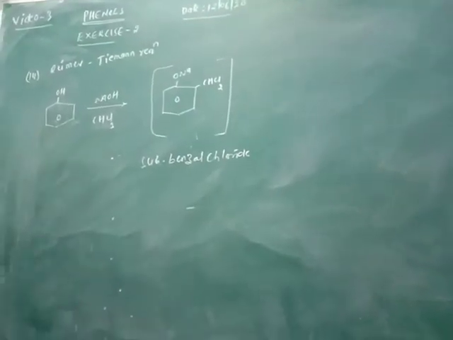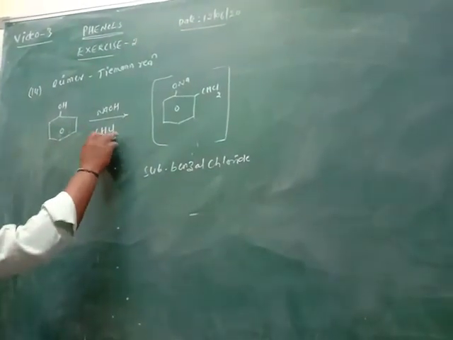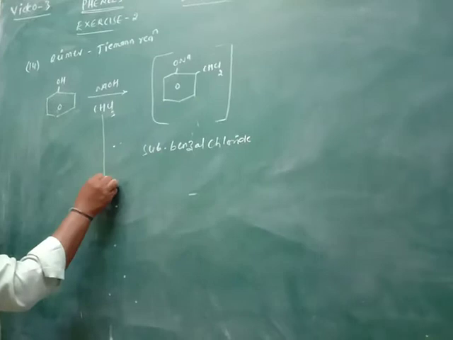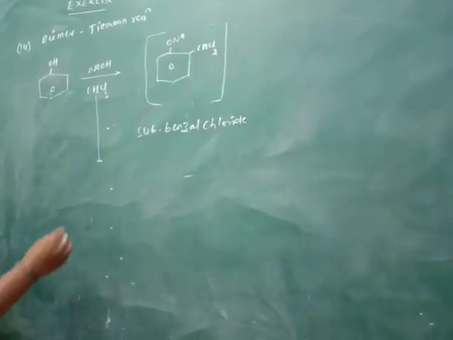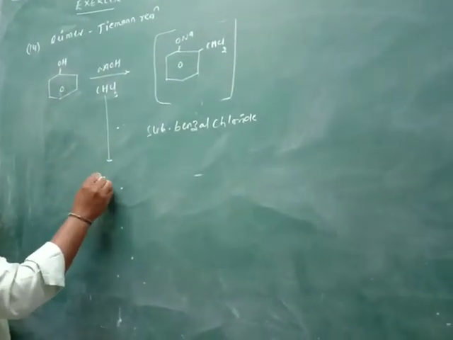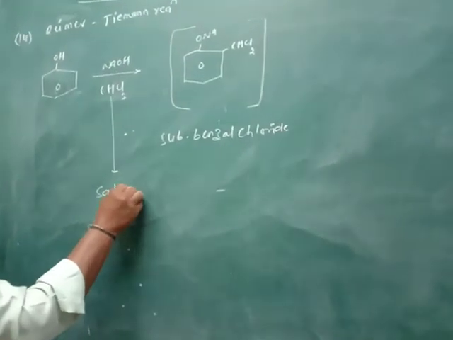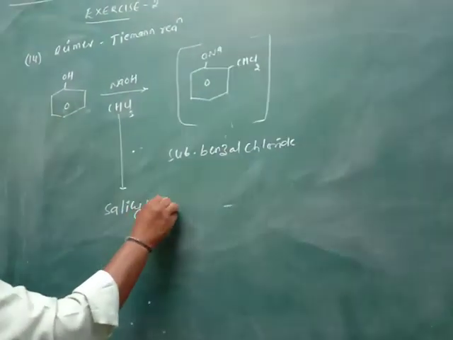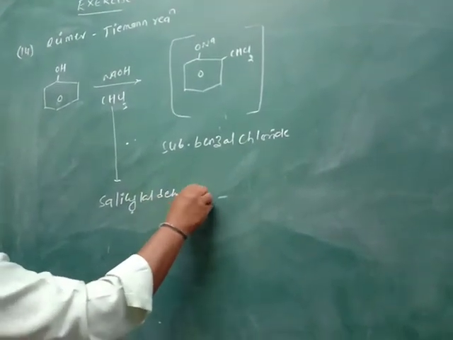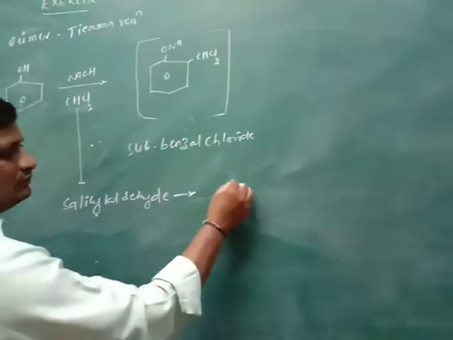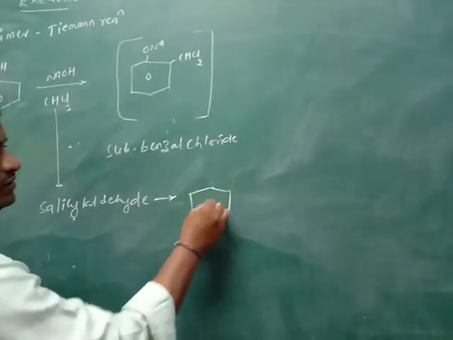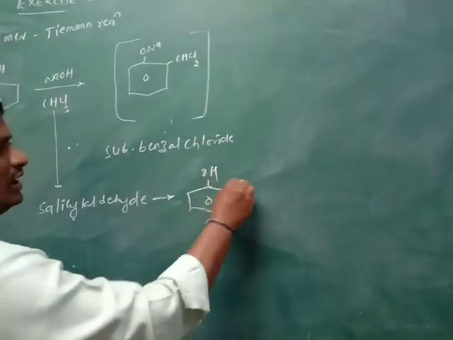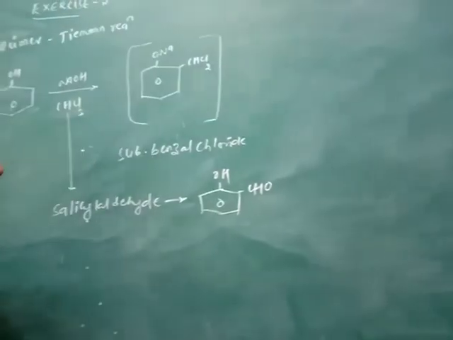Actually, in this reaction CHCl3 is taken. The obtained compound is salicylaldehyde. What is salicylaldehyde? It is benzene with OH and CHO.